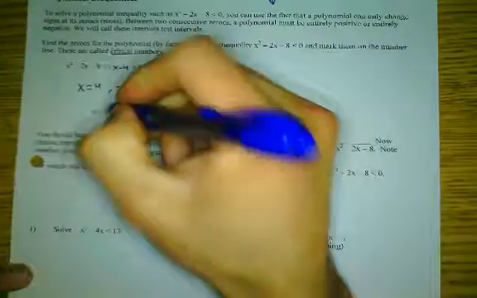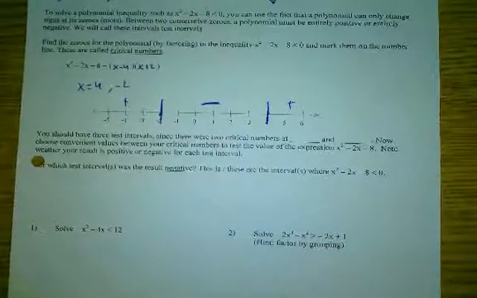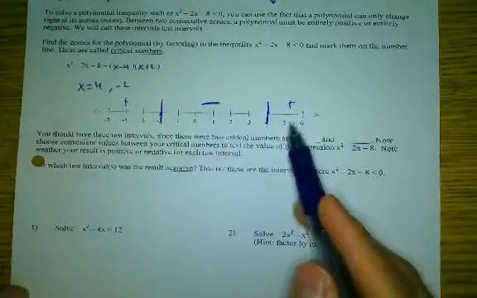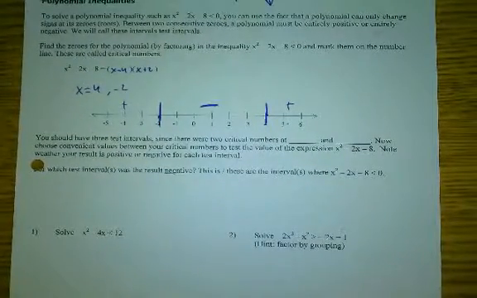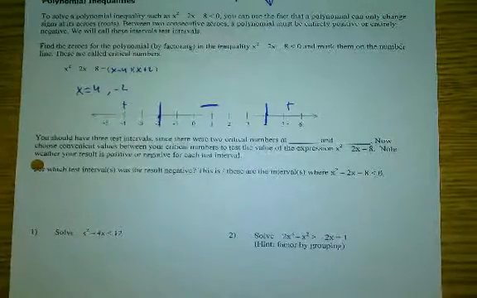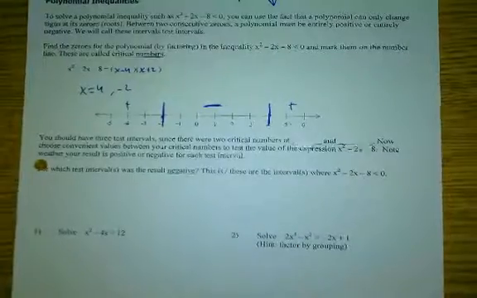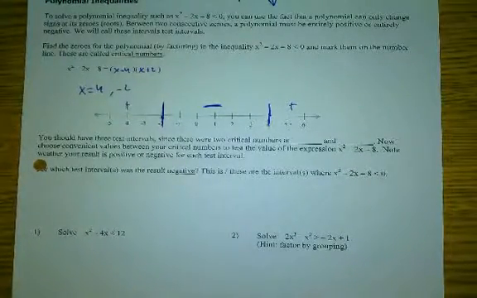Positive and positive. If you would like to check some actual values, you're welcome to do so. If you were to plug in 5, 5 squared is 25, minus 10, minus 8, that's still going to be positive, right? If you want to do the same thing over here, plug in negative 3, squared is 9, plus 6 minus 8 is positive, okay?